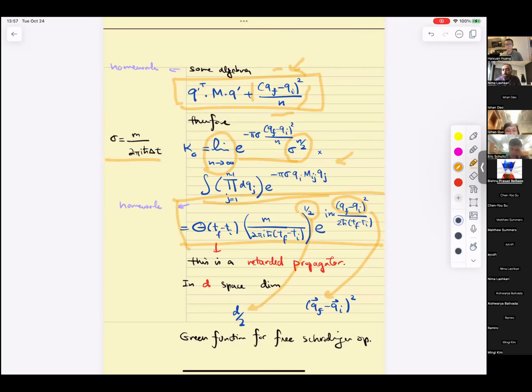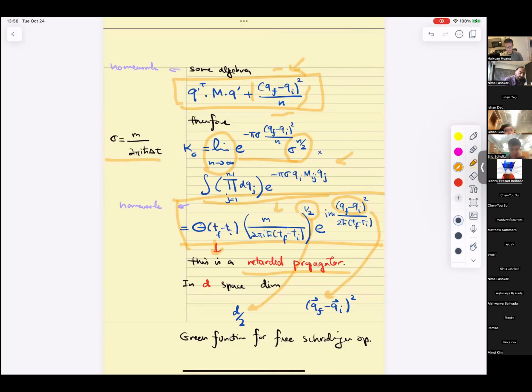Now, I want to make a bunch of comments about this. One thing that comes out of this path integral is a step function of tf minus ti. The path integral makes sure that the final time is larger than the initial time. This means, in our language of quantum field theory, if you recall, a retarded propagator. There's a delta function explicitly in there.